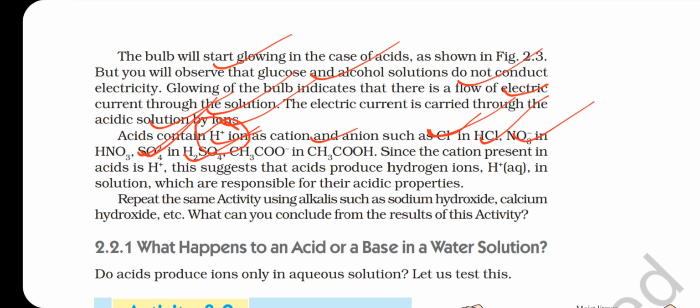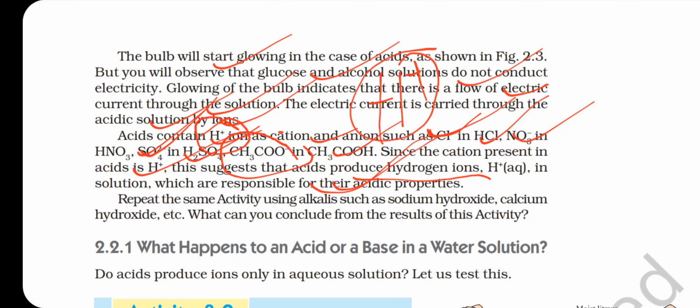Sulfuric acid contains sulfate, SO4 2-, as the anion, and acetic acid contains acetate, CH3COO-, as the anion. Since the cation present in the acid is H+, this suggests that acids produce H+ ions in aqueous solution. This is responsible for the acidic properties. H+ is responsible for the acidic properties of all acids.